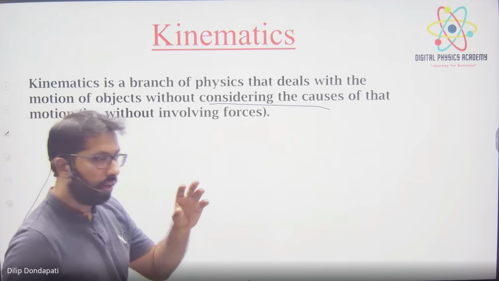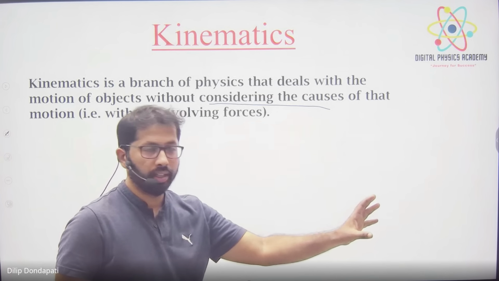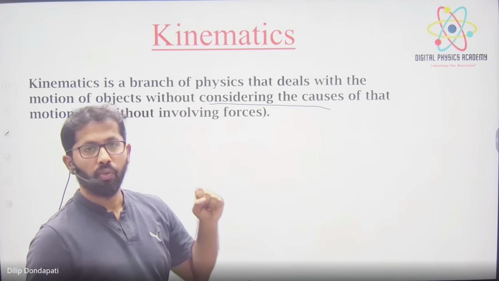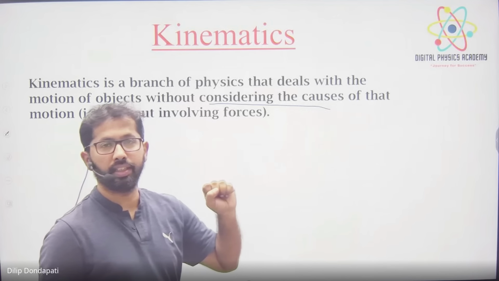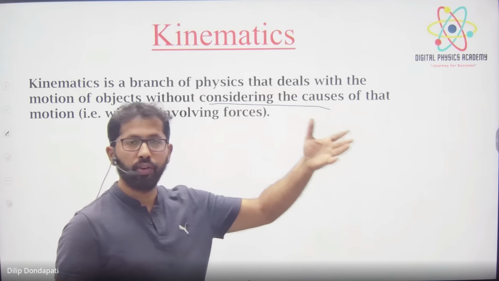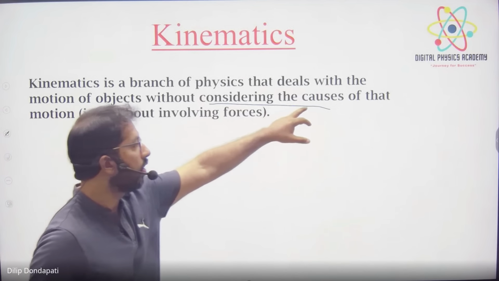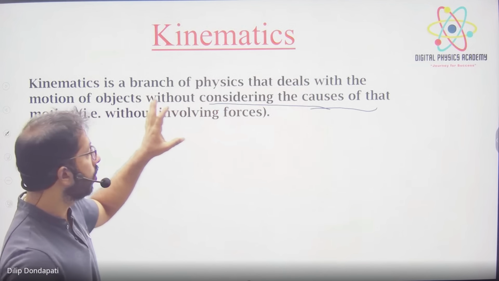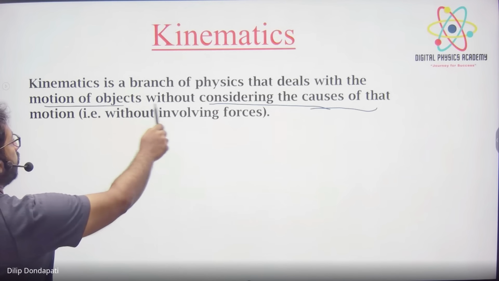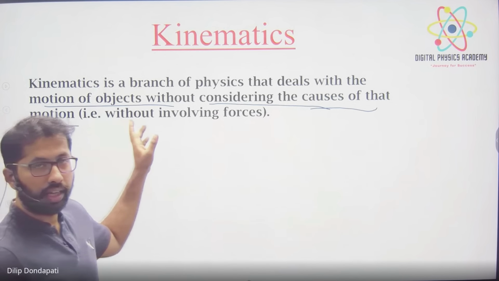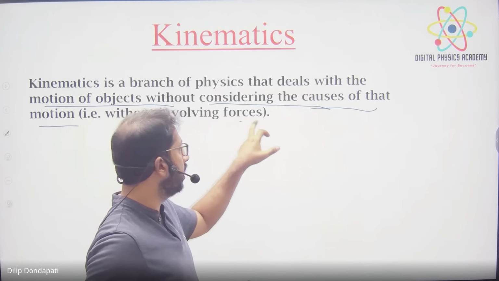If the object is moving, we want to know what the velocity is after 2 seconds, what the displacement is after 5 seconds. We want to know what will happen in future, but we don't want the cause of why it is moving. That is called kinematics. And what is the cause of motion? Force, right? We are not dealing with forces in this.